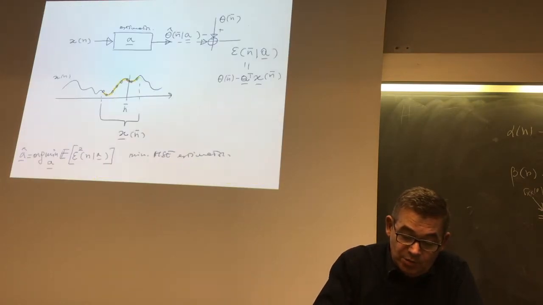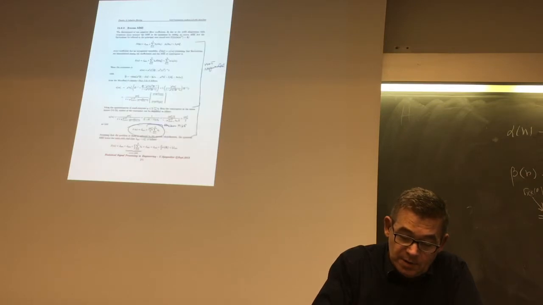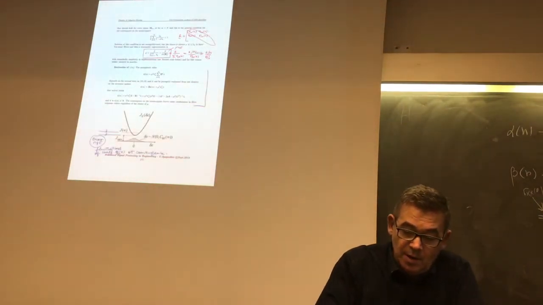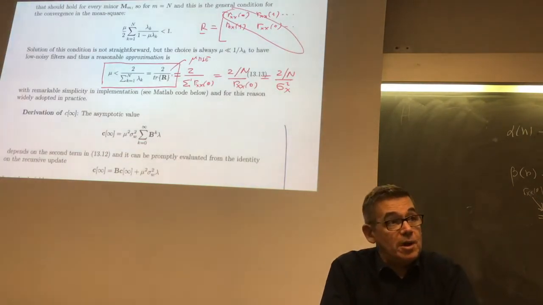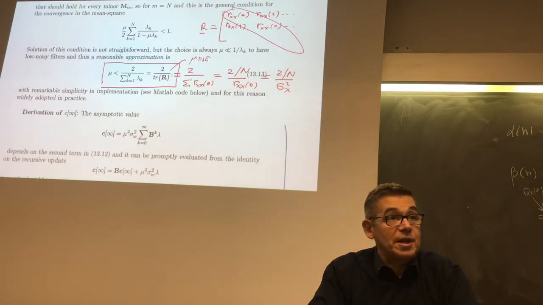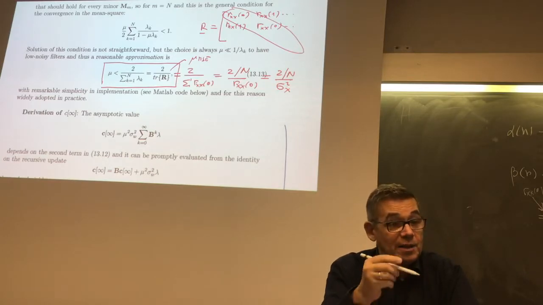Now let me go forward in the theory. For the convergence in the mean square, mu should be smaller than 2 divided by the trace of R. That's what the theory says. So let's plug that in.